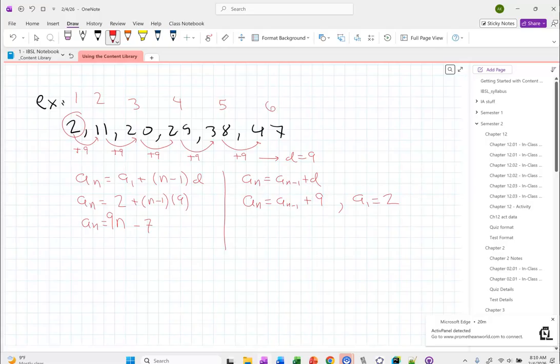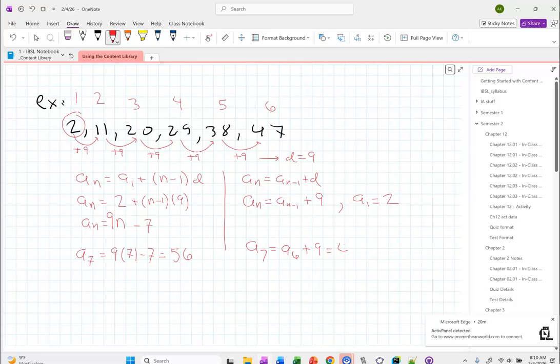So I have six terms here listed. If I asked you to compute the seventh term, I can just plug it into the explicit formula. Or if I was using the recursive formula, that would mean it would be the sixth term plus 9.